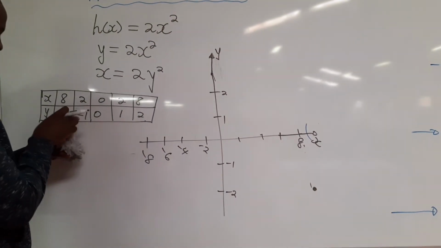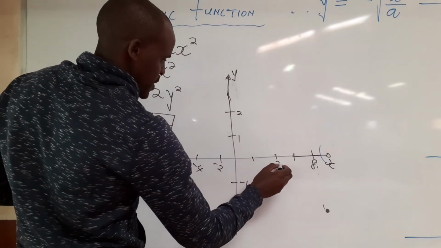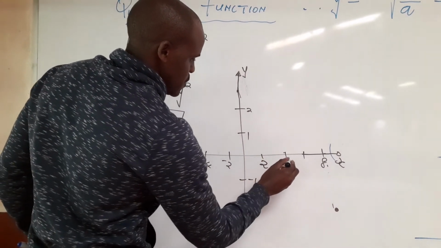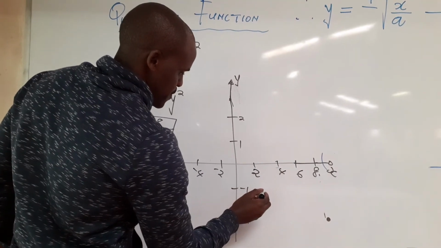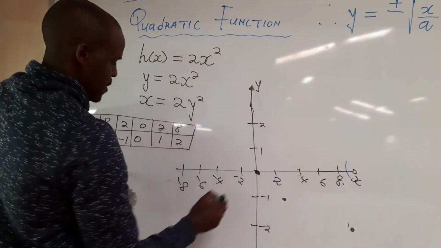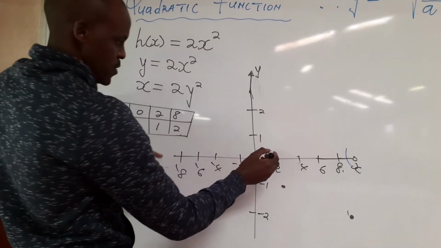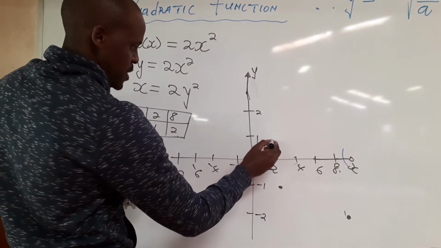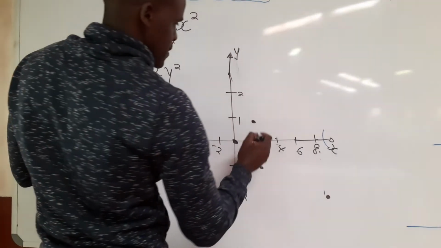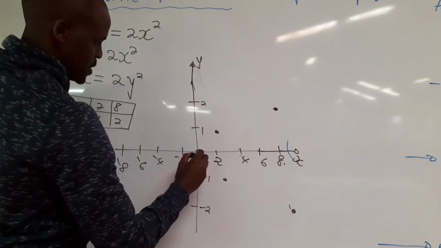And then if x is equal to 2, y is -1. 0 is to 0. And now y is equal to 1, x is equal to 2. That's where the point is. Y is equal to 2, x is equal to 8. And then we join the points.